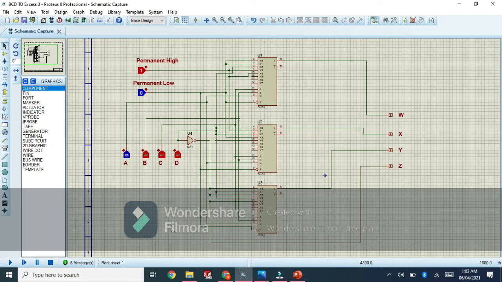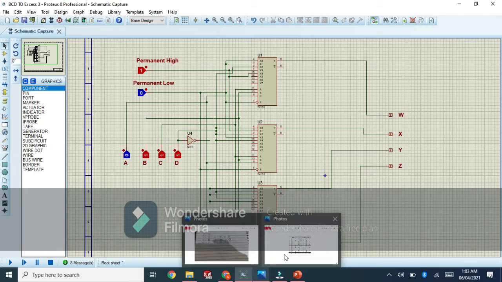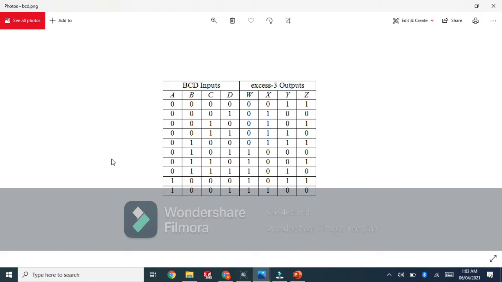First of all, we have to see the truth table of this circuit. Here is the truth table of BCD to Excess-3 implementation. Here are the 4 inputs A, B, C and D and 4 outputs W, X, Y, Z. BCD to Excess-3 means that whatever I apply on the input, I get the output with an addition of 3 to the input.